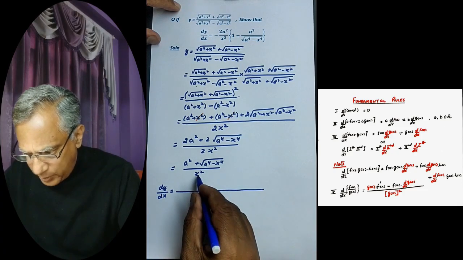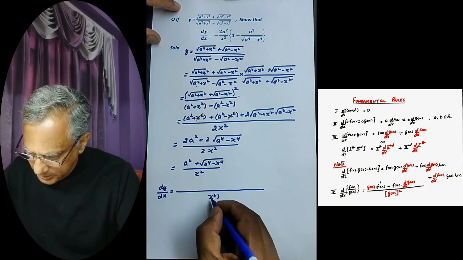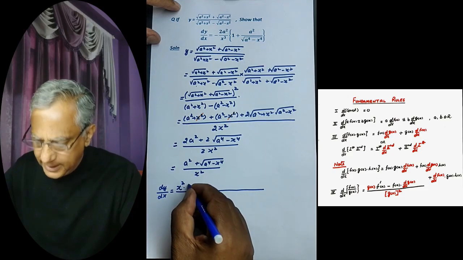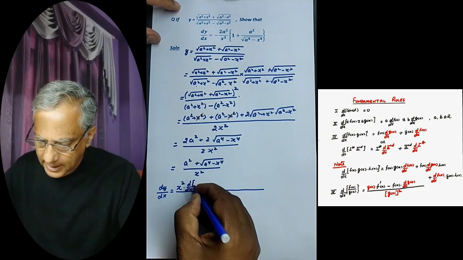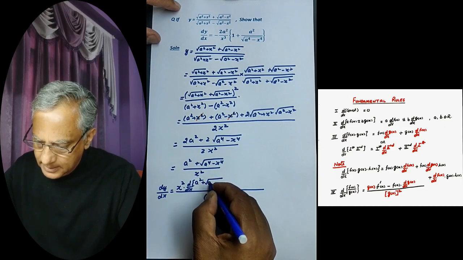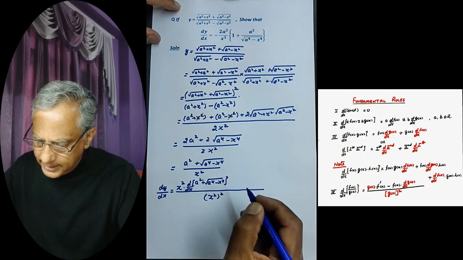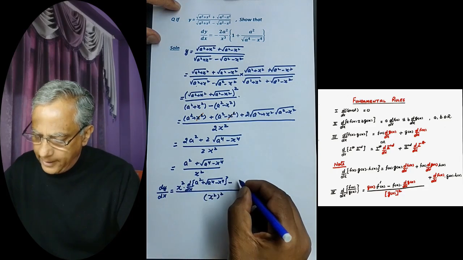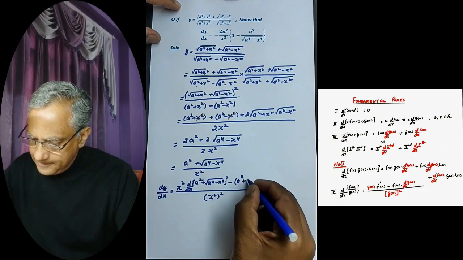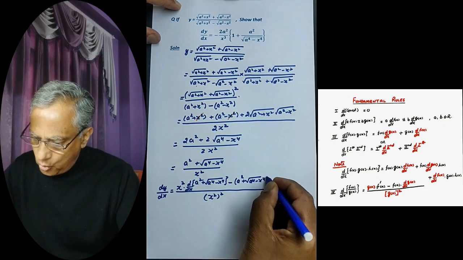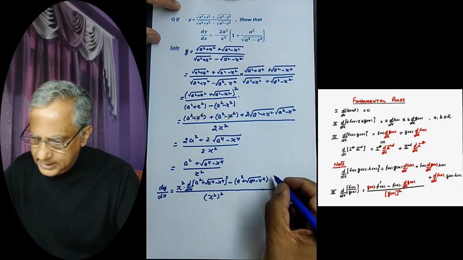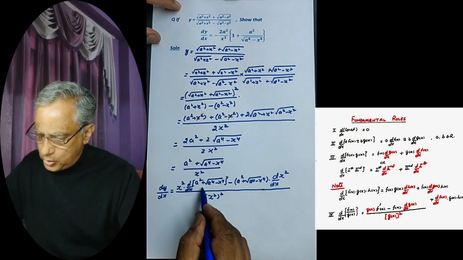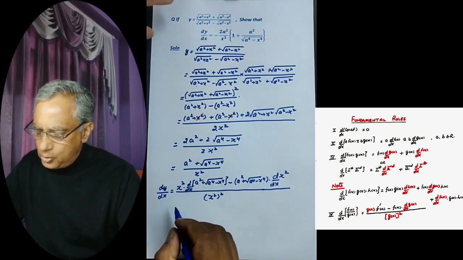First we write g(x) whole square, so first we write x² whole square, into g(x), g(x) is x², into d by dx of f(x). f(x) will be a² plus under the root a^4 - x^4. Then g(x) whole square and g(x) into f'(x) minus f(x), f(x) is a² plus under root a^4 - x^4, into d by dx of g(x). g(x) is x². g(x) square, g(x) into f'(x) minus f(x) into g'(x).